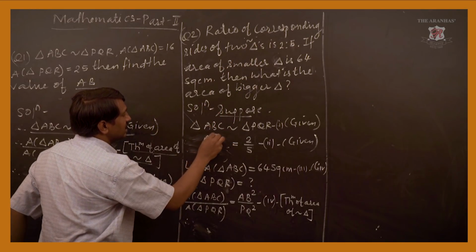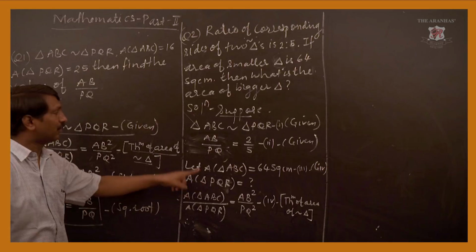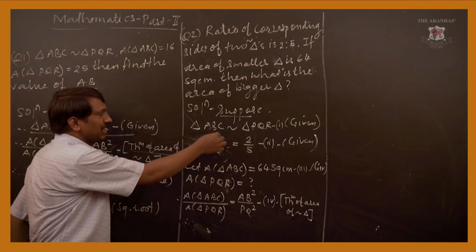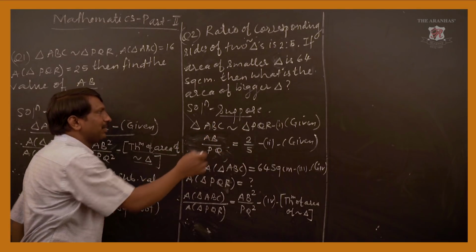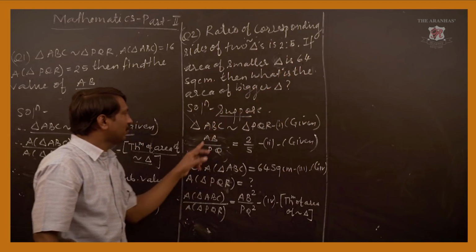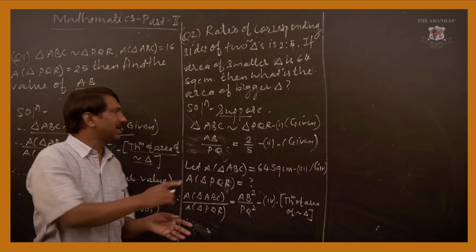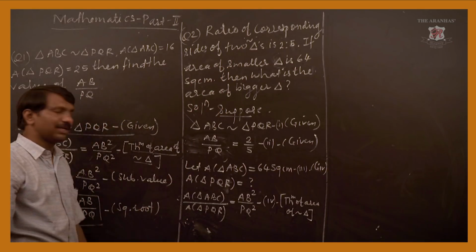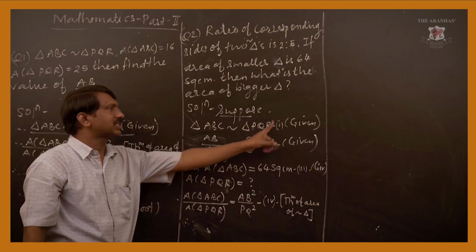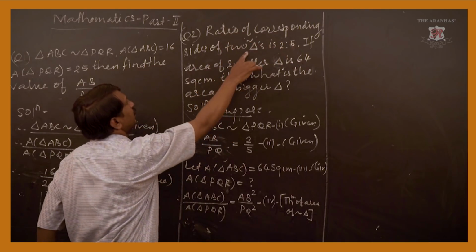It means here AB upon PQ is given. Sorry for the previous concept, what happened was that they gave us the ratio of corresponding sides, and by mistake I wrote the area of triangle ABC upon PQR, which was not correct. Because when I realized, triangle ABC is 64 and we have to find PQR, so how can we substitute its value? So AB upon PQ means these are the corresponding sides. Again I repeat: triangle ABC is similar to triangle PQR, and the topic was that they gave the ratio of corresponding sides of two similar triangles.